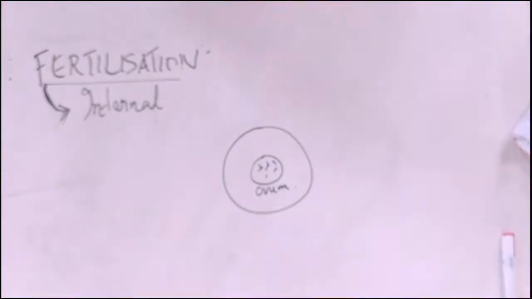So, ovum structure and layers, figure 3.10 on page number 51: ovum surrounded by sperms.